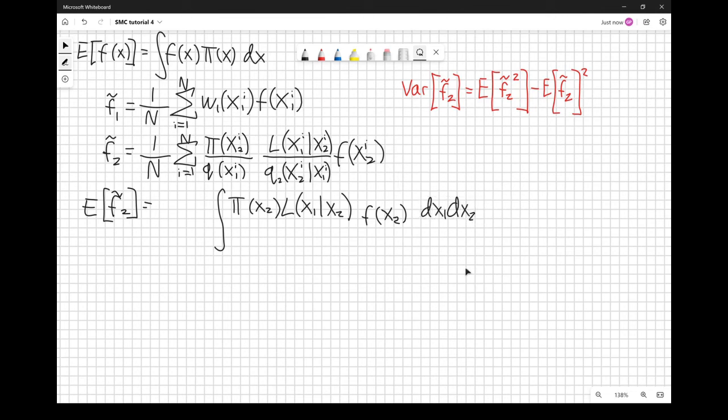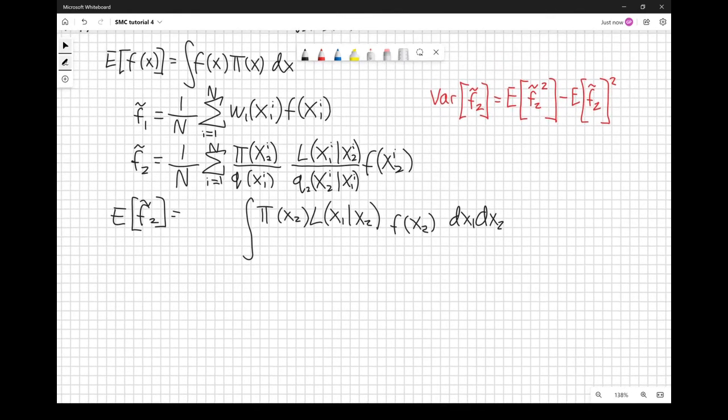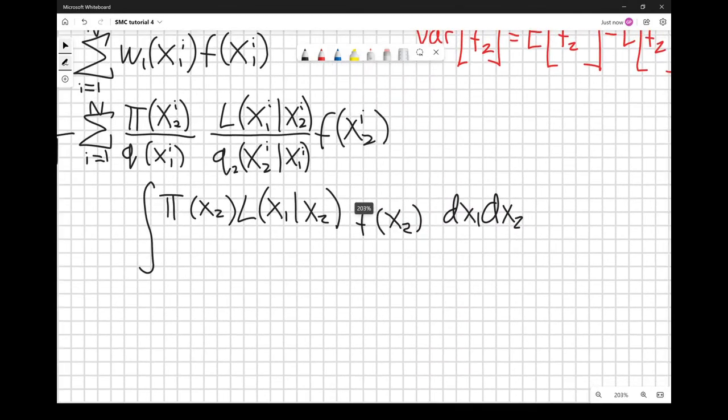Now let's take this integral with respect to x1 first. The L-kernel is the only thing in there that is a function of x1. The L-kernel is a probability distribution, or probability density function, I should say, in this case, as it's continuous. So if we integrate with respect to x1, then we can get rid of this stuff as well.